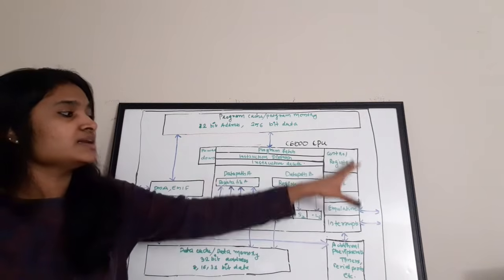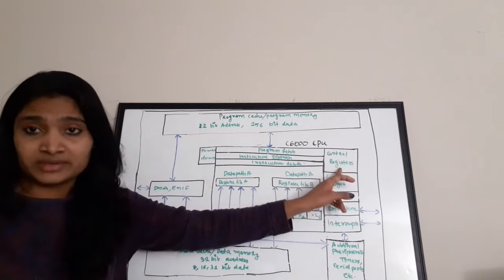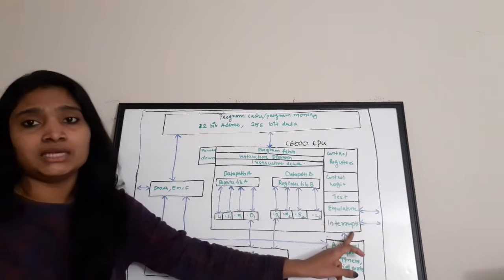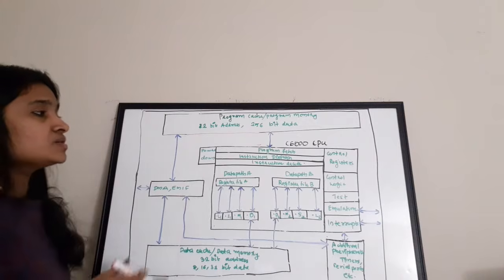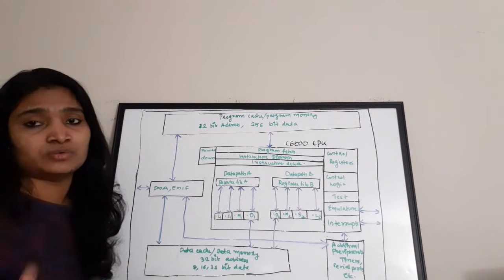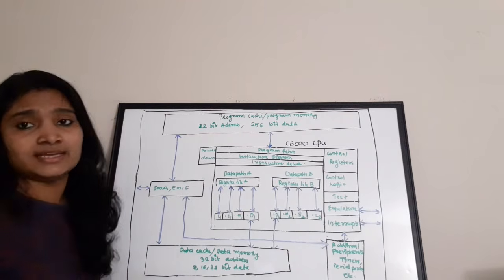And all those things are kept here. So it consists of control registers, control logic, test, emulation and interrupts. Okay, so this is all about the central processing unit of the DSP.